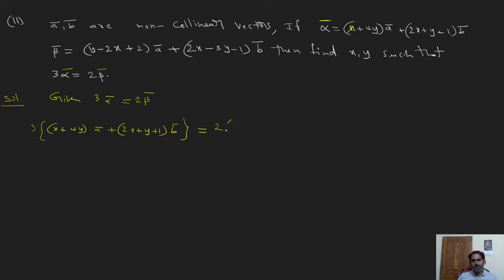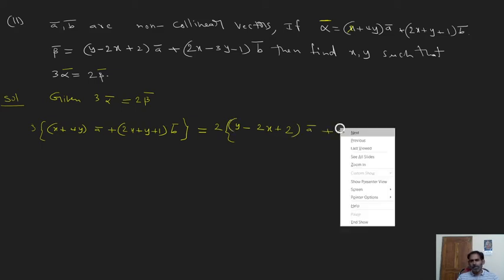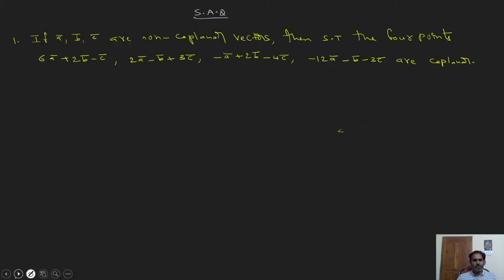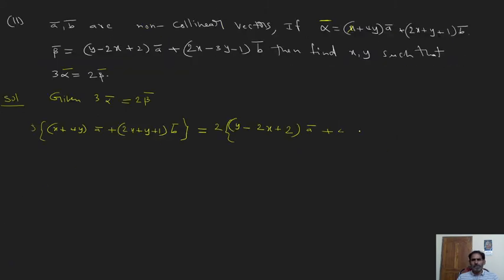Equals 2 into beta bar. Beta bar means y minus 2x plus 2 into A bar, plus 2x minus 3y minus minus 1 into B bar.